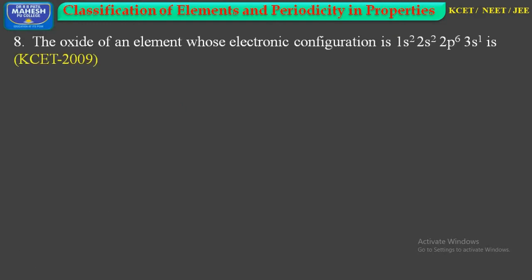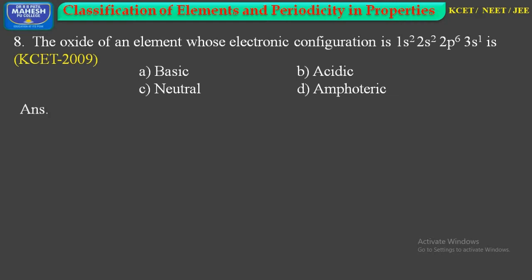The oxide of an element whose electronic configuration is 1s2, 2s2, 2p6, 3s1 is: option A, basic in nature; option B, acidic in nature; option C, neutral; option D, amphoteric in nature. Students, if you observe the electronic configuration of the given element, it has only one electron in the s orbital.